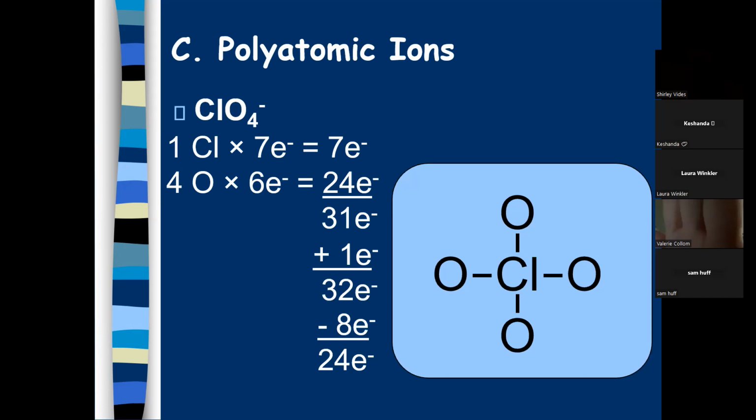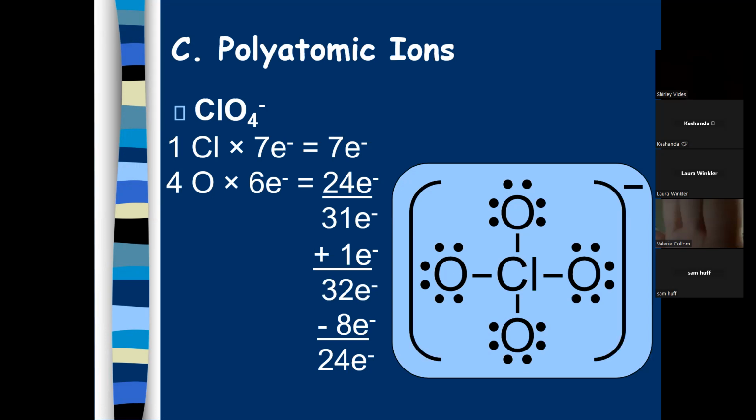Each one of these oxygens needs 6, and 6 times 4 is 24, so it's a perfect combo. Now, the last step is to put those brackets and label the charge. And there you go. So you notice chlorine has its 8. It has all of them. And oxygen does too. See, there's 2, 4, 6, 8. And oxygen has 2, 4, 6, and the bond makes the 8th. All right. Okay, so let's keep going.